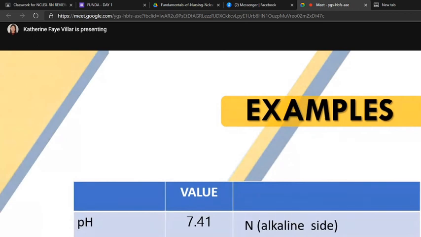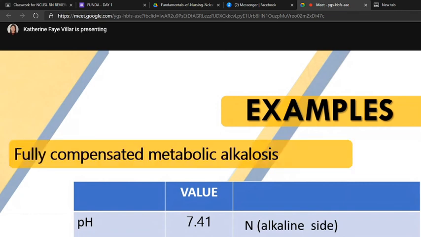Scenario 27. Yes. Metabolic alkalosis and anong compensation? Scenario 27 po ito, 27. Yes, full compensation.